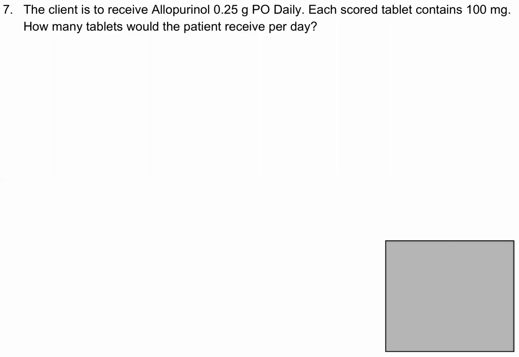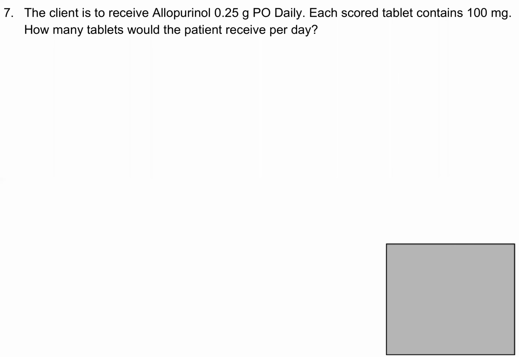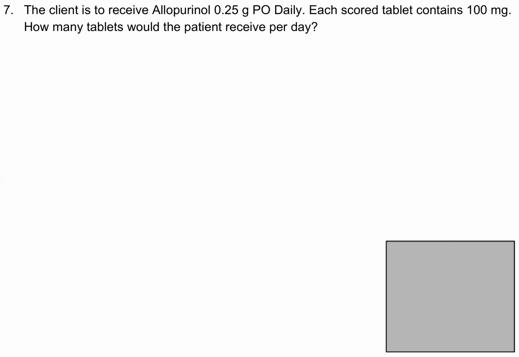Number 7, the client is to receive allopurinol 0.25 grams PO daily. Each scored tablet contains 100 milligrams. How many tablets would the patient receive per day? So as you can see in this question, it's very similar to our other questions. However, they mention what is called a scored tablet.